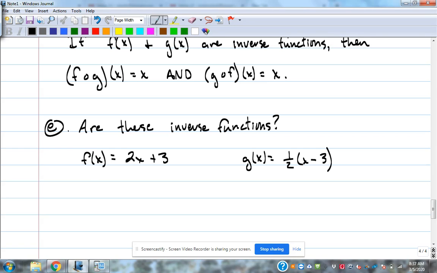So let's do the f composed with g of x. So what does that mean we do? Yeah, so 2 parentheses 1/2 x minus 3, and plus 3 on the outside.